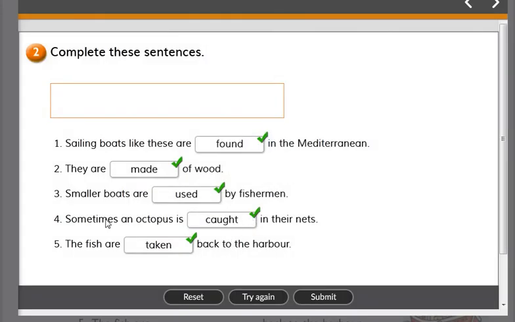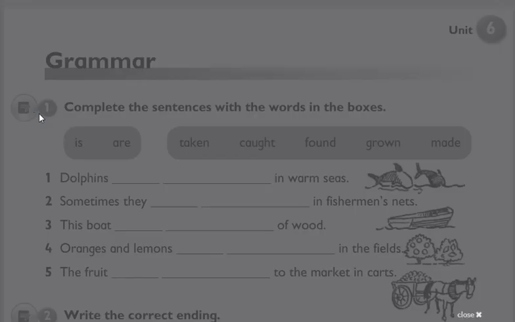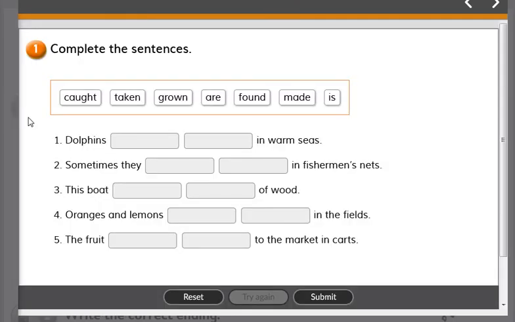And now let's answer another question in the workbook. So, the first question: dolphins in warm seas, sometimes they in fishermen's nets. This boat of wood, oranges and lemons in the field, the fruits to the market in carts. Dolphins, you have to put are.